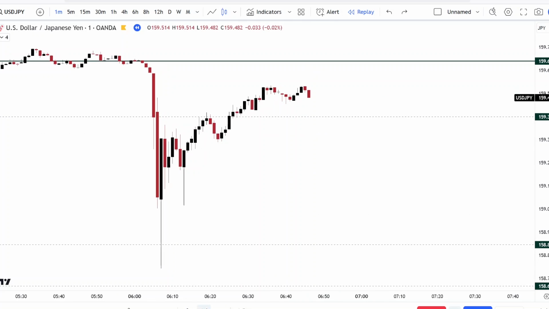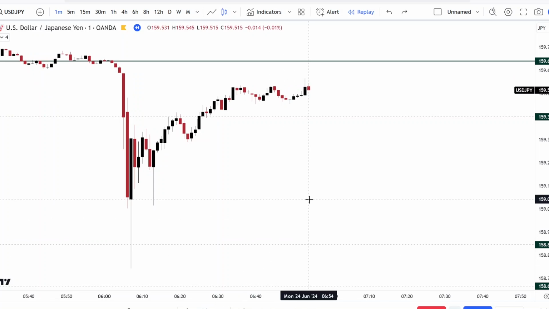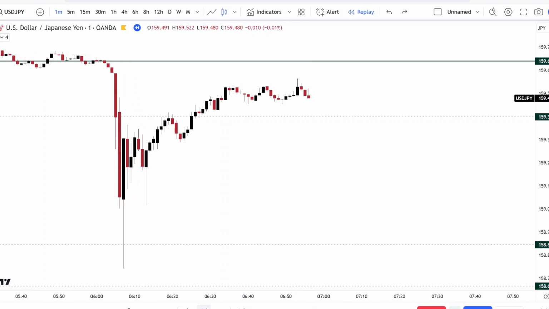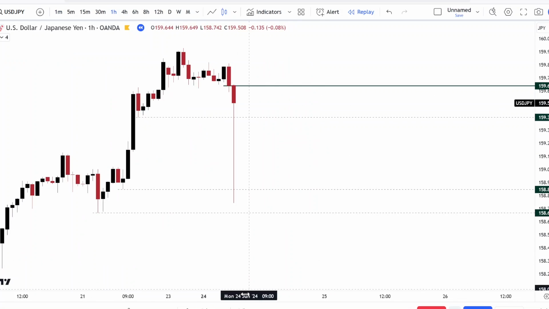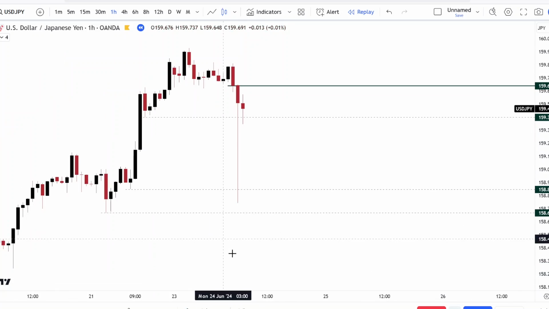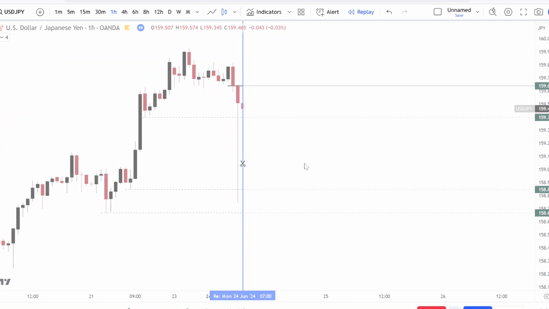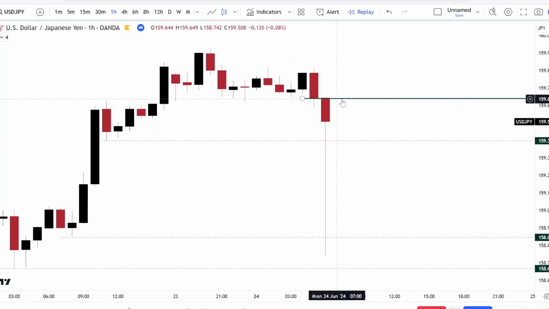Let's play this candle out. And the candle closed. Let's go back on the 1 hour. The candle closed without ever revisiting that open.